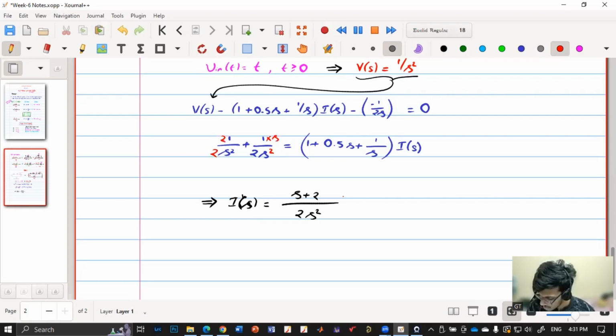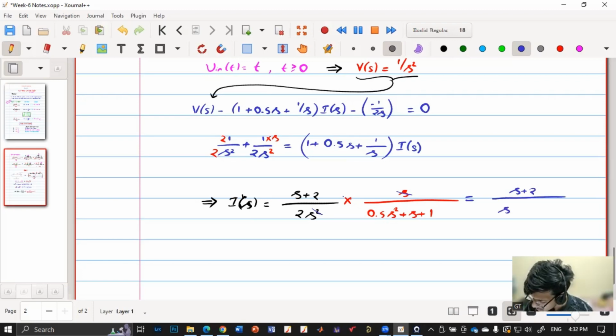I hope you are also calculating. This will be coming in the denominator, so it will be s by 0.5 s square plus s plus 1. You check the calculation. I might be making a mistake, so you have to correct me. So this s will get cancelled. Now we'll be getting s plus 2 upon s square plus 2s plus 2, isn't it?